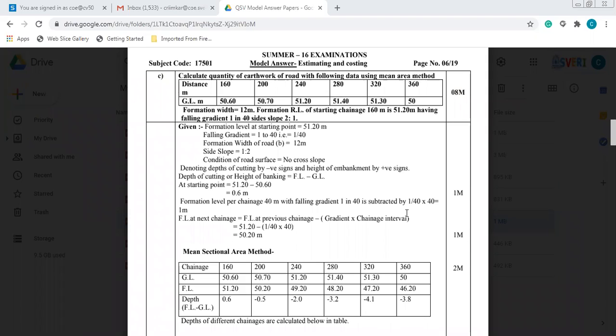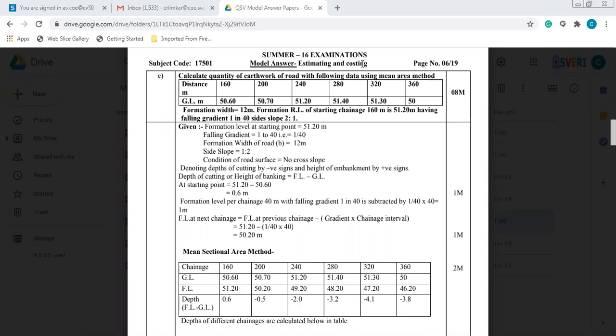Distances are given as 160, 200, 240, 280, 320, 360. GLs are given as 50.60, 50.70, 51.20, 51.40, 51.30, and 50. FL is given. First FL is given to you, that is 51.20.